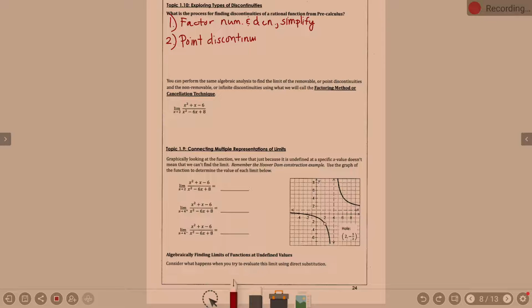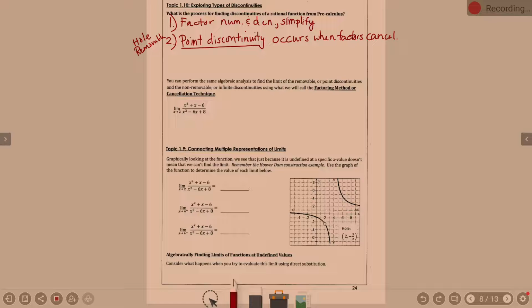And again, feel free to make yourselves notes that is a hole or it is removable, because honestly, the vocabulary just needs to be interchangeable. So point discontinuity occurs when factors cancel, right? I'm kind of trying to shorthand here.